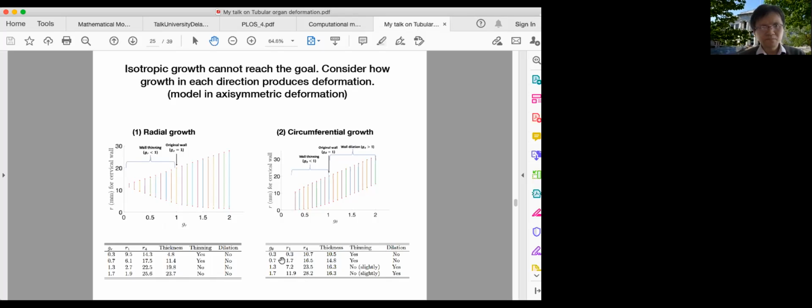For negative growth, there's thinning, but no dilation. For positive growth, there's no thinning, or just slightly, and there is dilation. So G theta can produce both thinning and dilation for different growth.